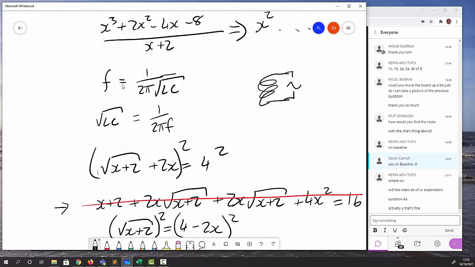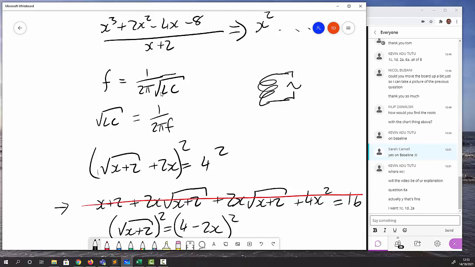So here's 6a. f is equal to 1 over 2 pi root L over C. What I was saying is, if anybody who's doing electronics, that's a coil, and you're putting an AC current through the coil, and that's the equation of that. So what you're trying to do is to get L as the subject, which is the impedance of the coil. So multiply both sides by root L over C and divide both sides by f.